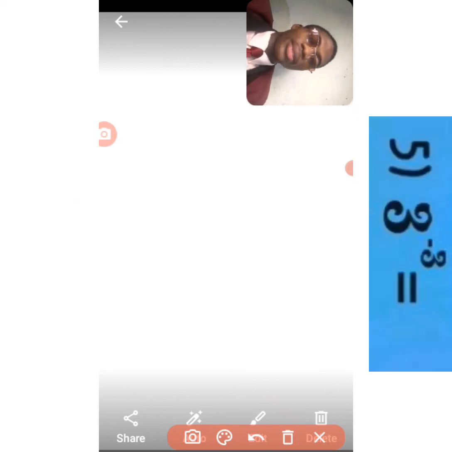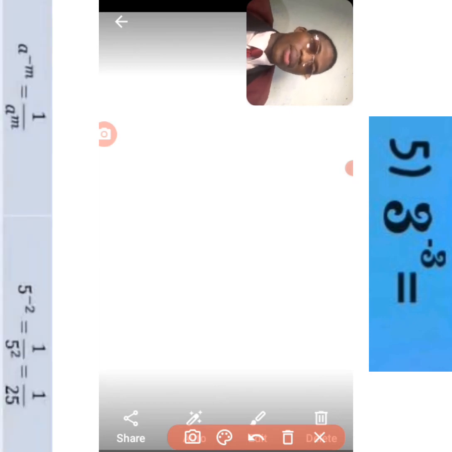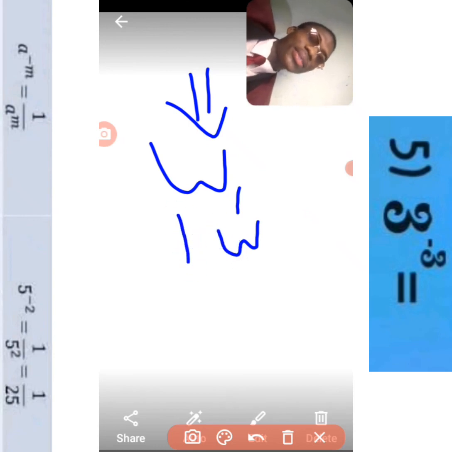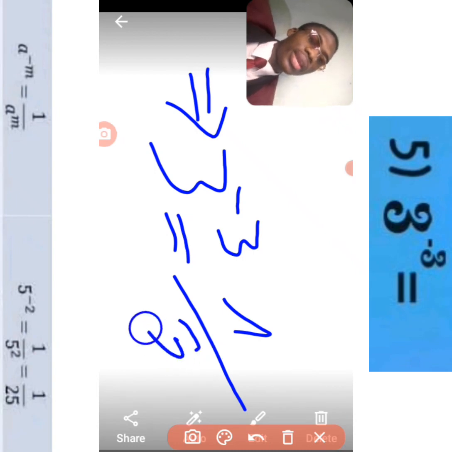And the last one is so easy, dear students. You can see number 5, 3 raised to the power negative 3, which is law 4 on your screen. From here we can simply say that 3 raised to the power negative 3 is equal to 1 over 3 raised to the power of 3.